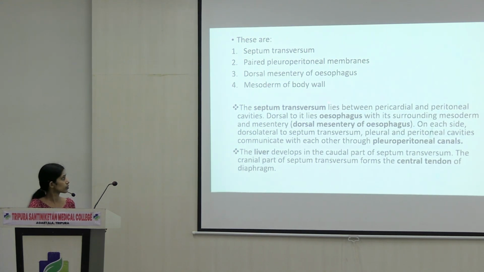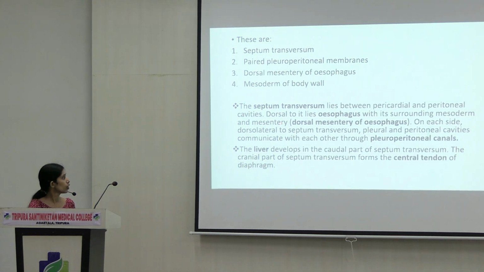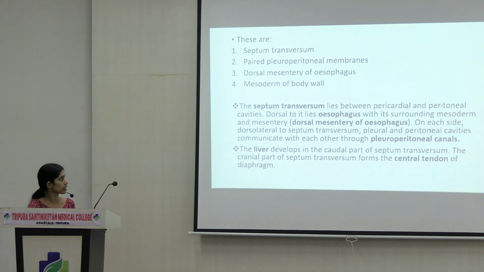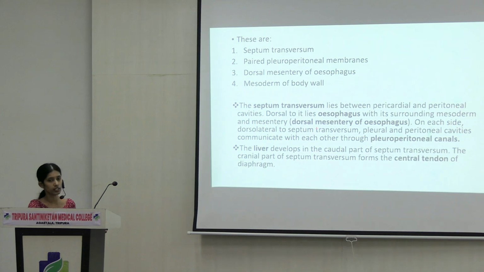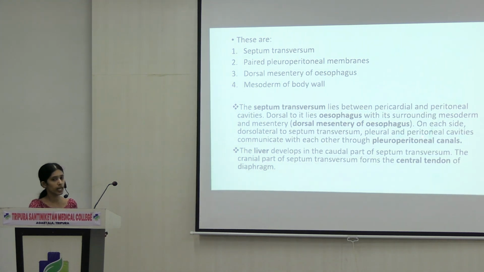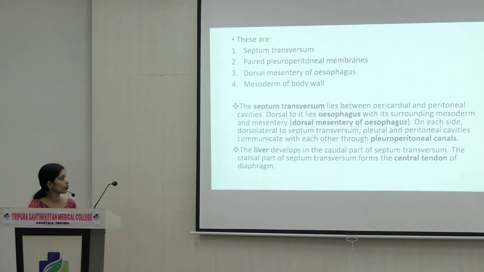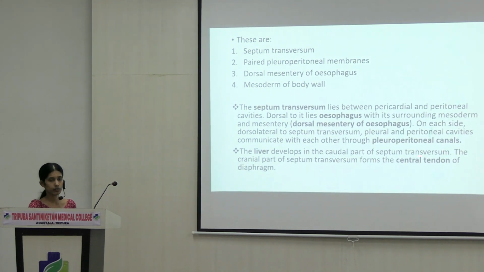The septum transversum lies between pericardial and peritoneal cavities. Dorsal to it lies esophagus with its surrounding mesoderm and mesentery, that is the dorsal mesentery of the esophagus. On each side, dorsolateral to septum transversum, pleural and peritoneal cavities communicate with each other through pleuroperitoneal canals.